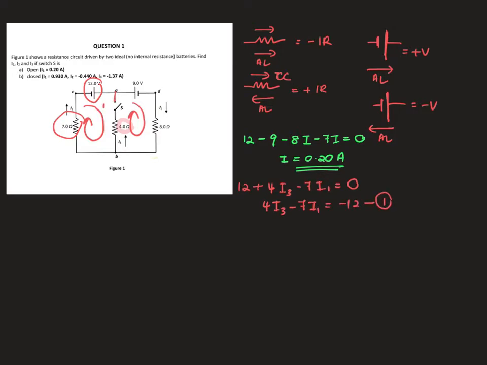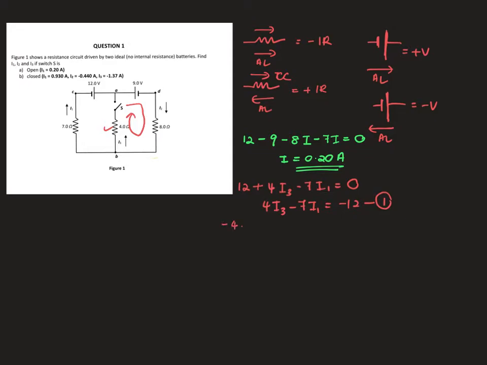Okay, next I'm going to find the second equation based on my second loop here. Okay, focus on the loop. Wait, I'm going to draw it again. So I'm going to start from 4 ohms because assumption loop and current inside the circuit are in the same direction. Therefore, I'm going to get a negative value.